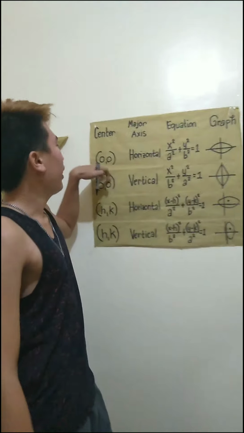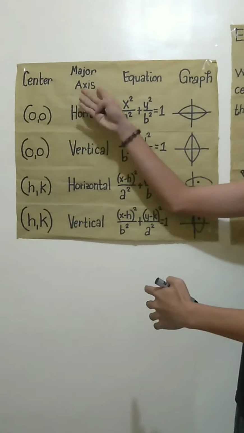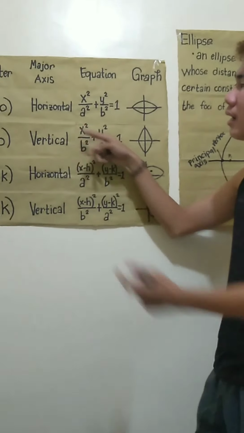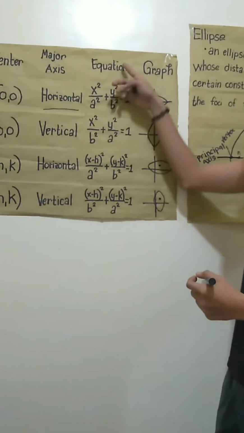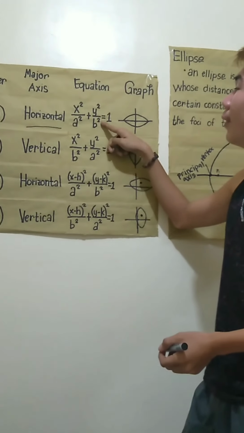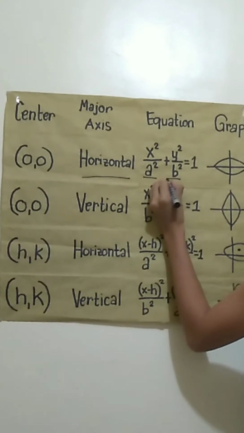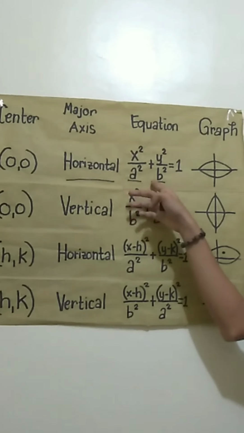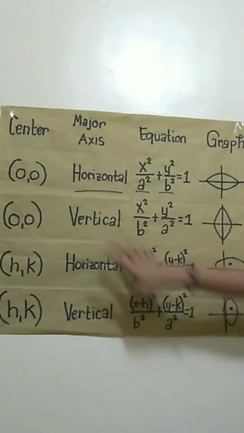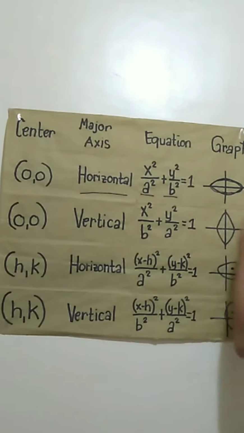If the center is (0, 0) and the major axis lies on the horizontal axis, so it is horizontal, then the equation is x squared over a squared plus y squared over b squared equals 1. Take note of this A and B, which is important for graphing. Since it is horizontal, your ellipse is graphed horizontally.